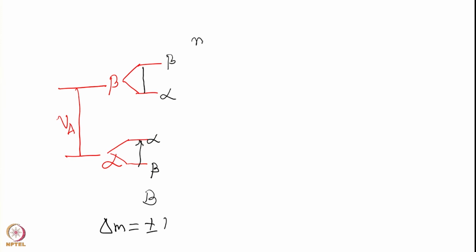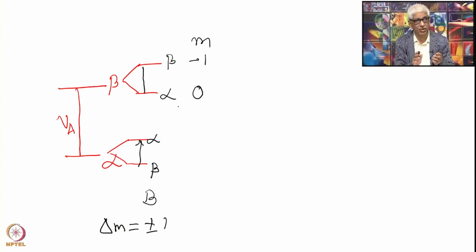The m value here, let me write the m value, this is minus 1, the beta alpha m value is 0 here because one is down, the other one is up, the sum of the 2 m values is equal to 0 here. Similarly, this one is 1 and this one is 0, the total m value, the summation of the m values of the individual spins I am writing here. Now I should have a transition where delta m is equal to plus minus 1, this is the summation of mi of the 2.